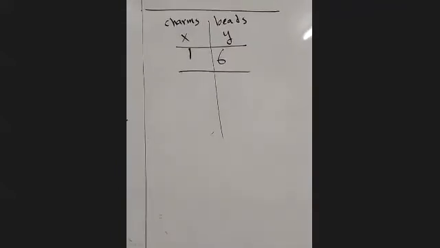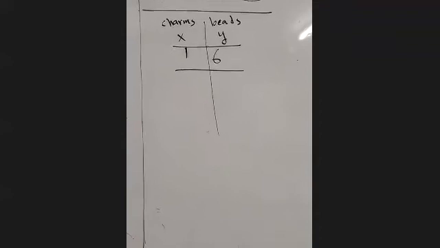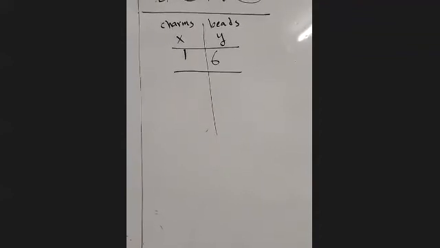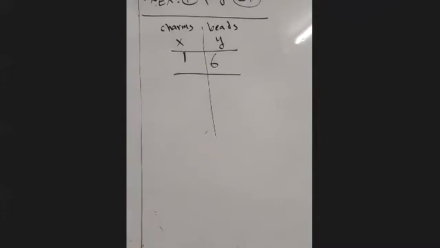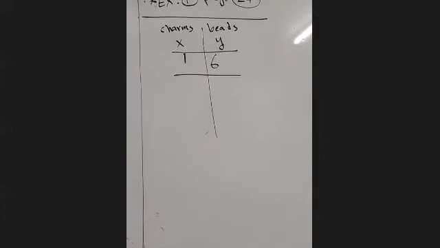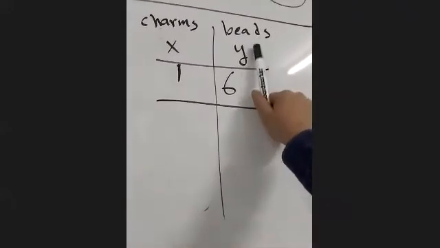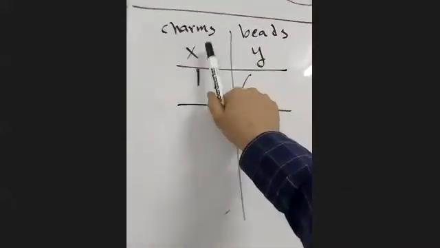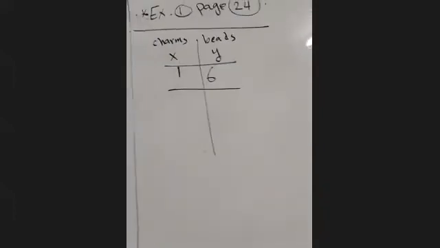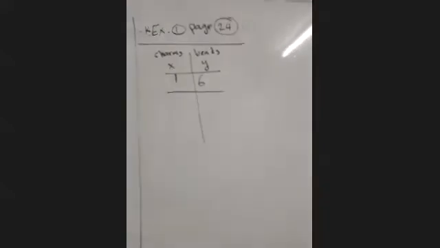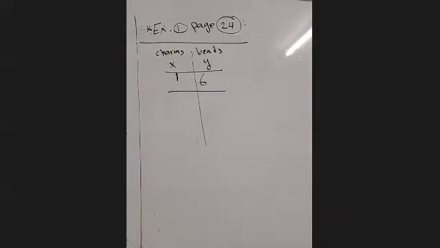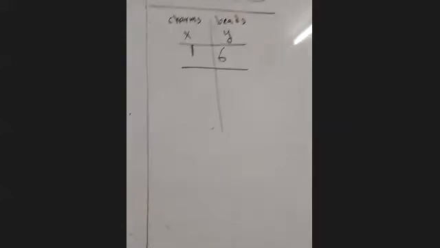Generate the set of ordered pairs for the relationship between the number of beads Y and the number of charms X for a total of 1, 2, 3, and 4 charms.